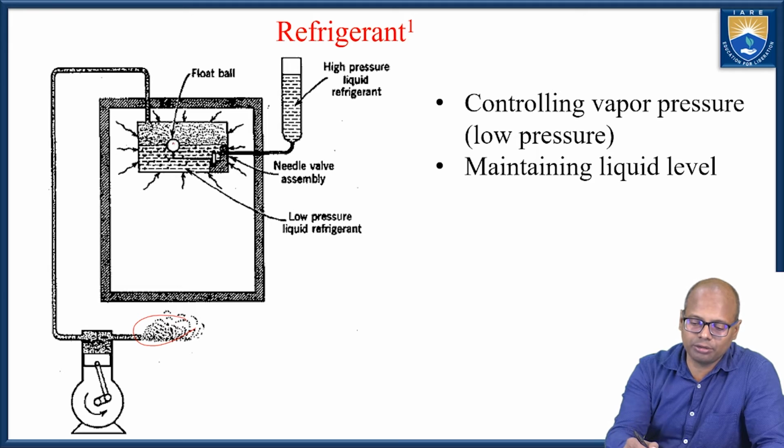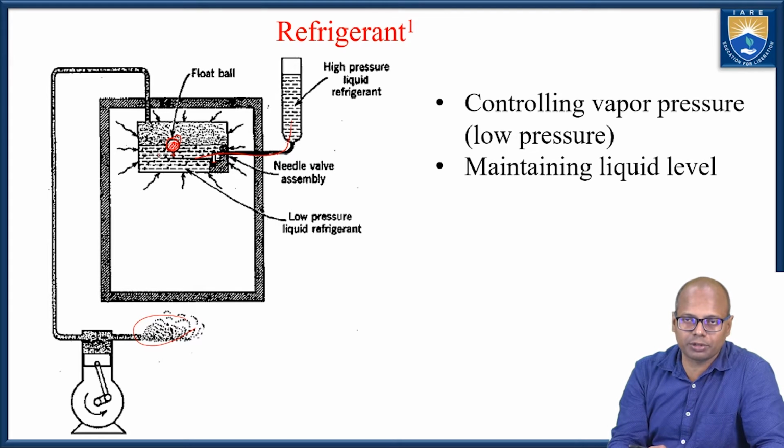As this bulb goes down, it will open this and the fluid will start going inside. When the bulb is at the required level, there is a cutoff and the fluid will not flow inside.